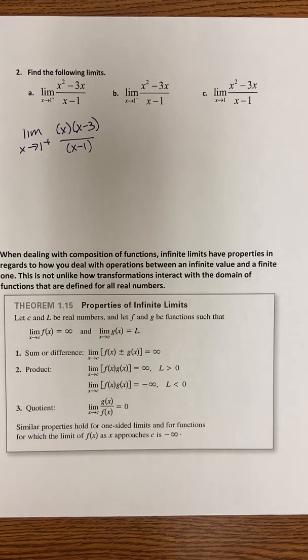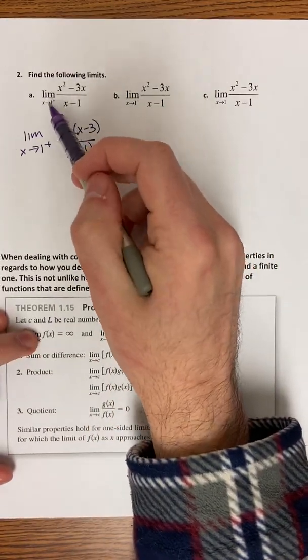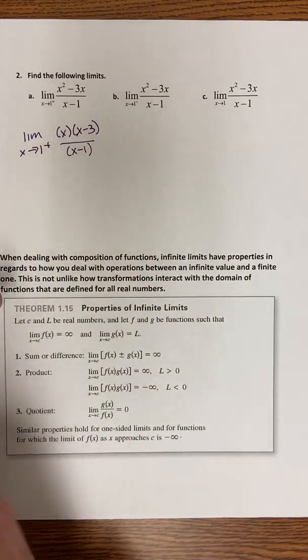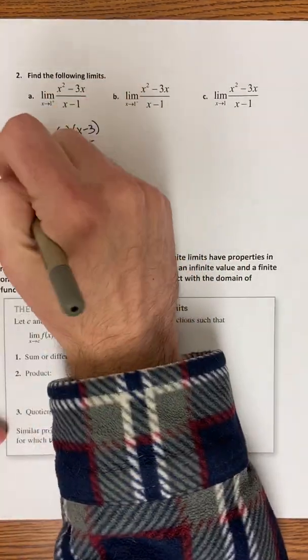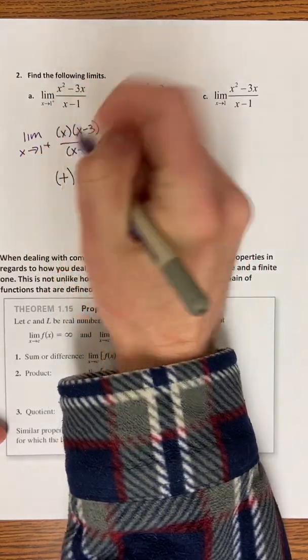It would stand to reason we can just look through what the sign of each thing would be. If I'm plugging in something slightly bigger than 1, say 1.1, 1.01, x will be positive regardless of what happens.